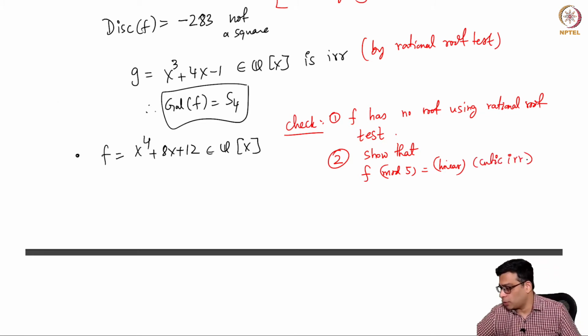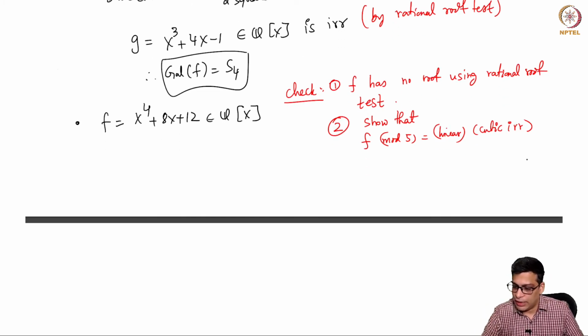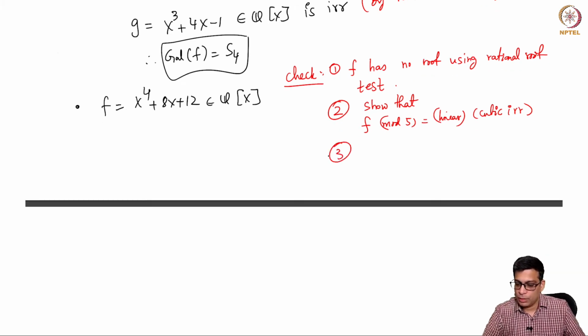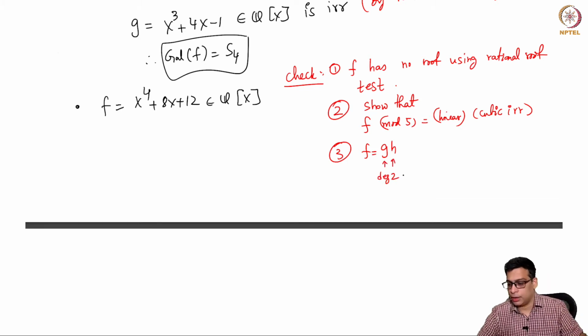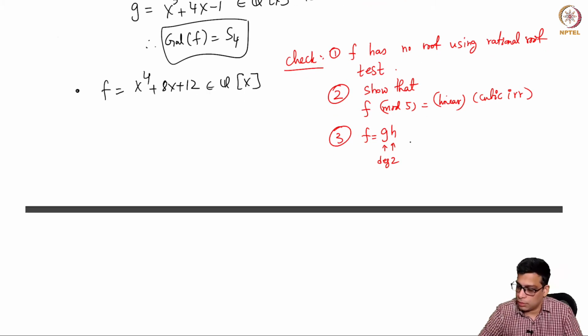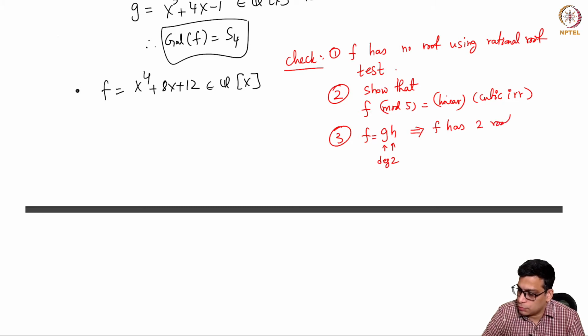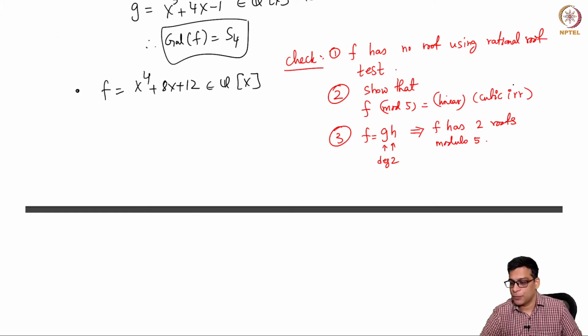Okay, so a linear polynomial times a cubic irreducible polynomial, and you show that if f is gh, where g and h are degree 2 irreducible, then this implies that f has 2 roots modulo 5, but this violates this. Okay, so f has exactly 1 root modulo 5.